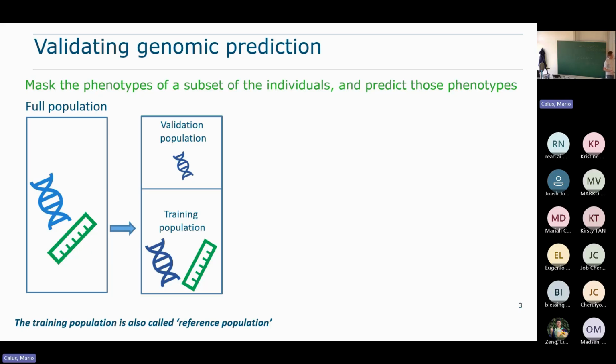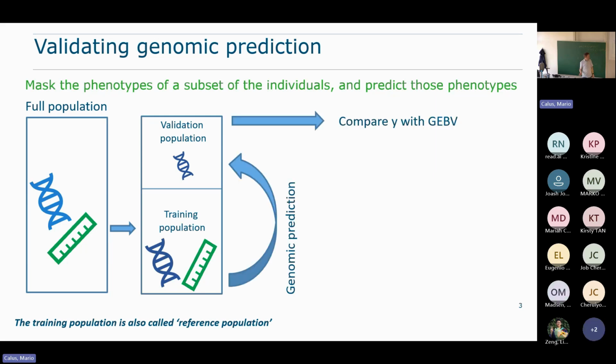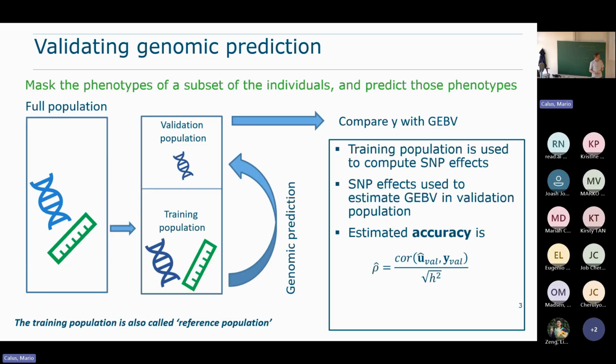We call this the training population and reference population. It's the same thing. And then we predict the breeding values for the young individuals. And we compare that to their observed phenotypes that we didn't use in this analysis, right? So we correlate the estimated breeding values of these validation animals to their phenotypes.